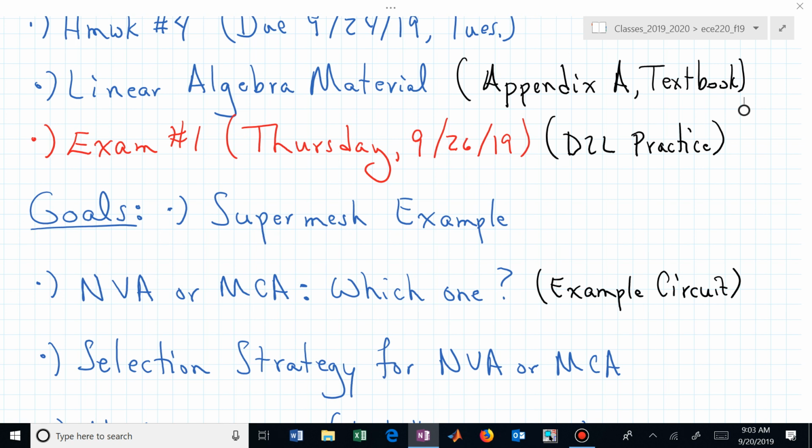Now, all the mechanics behind that, they do go in a section in Appendix A on how to do it by hand. If you don't fully understand that, just make sure that by Thursday you can do a 10 by 10. No. You won't be given anything other than a calculator for your exam.